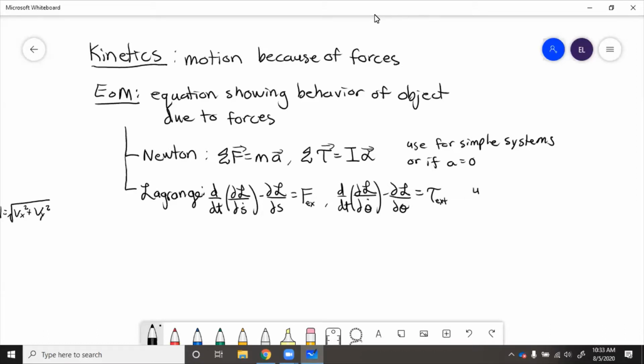So we use this one for complicated systems, like if they're nonlinear.